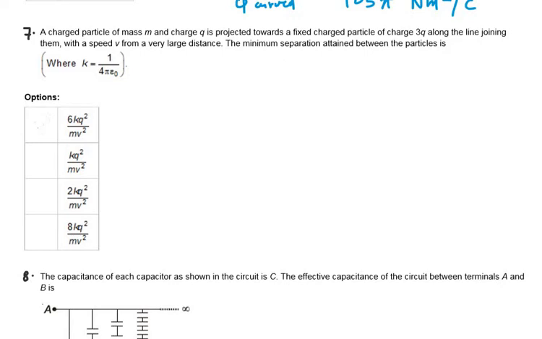So we know that we have energy as half mv square, and on the other hand we have the energy as K into Q1 into Q2, so here we have Q and we have 3Q, over R. So now in this case what we need to find is the minimum separation.